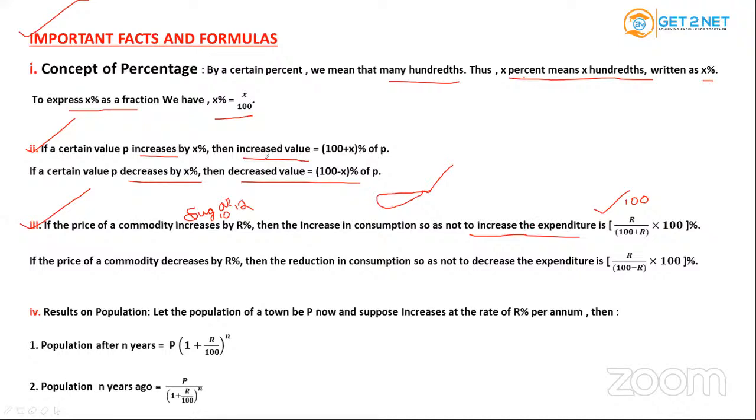If the price of a commodity increases by R%, then this will be the formula. It is asking about the reduction in consumption, so this is a change.